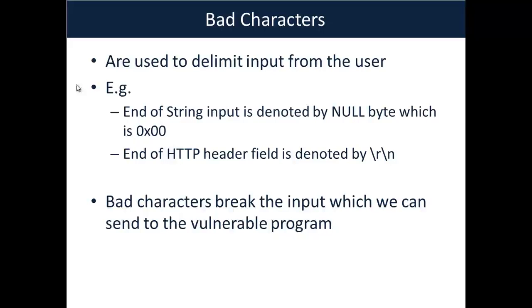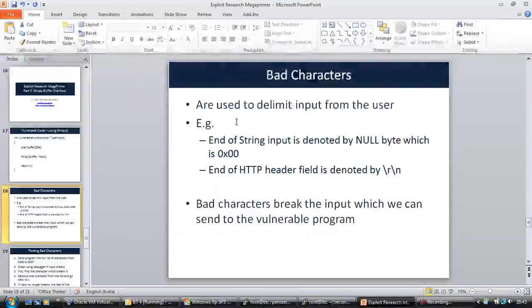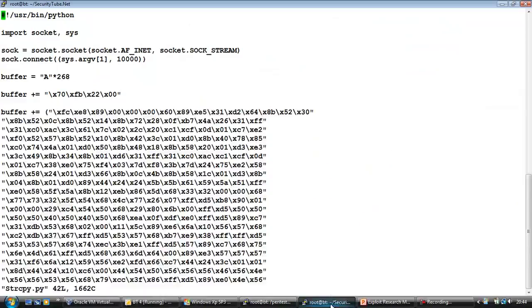The problem really is that the 0x00 character is a null byte, and at that point strcpy thinks that the string has ended. So the moment strcpy encounters this value 0x00, which is part of the address of the top of the stack, it terminates the string entirely and doesn't even consider the rest of our input.